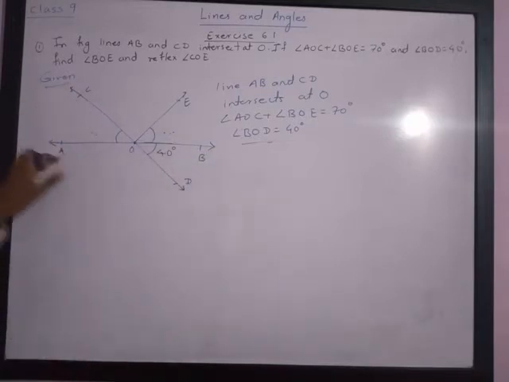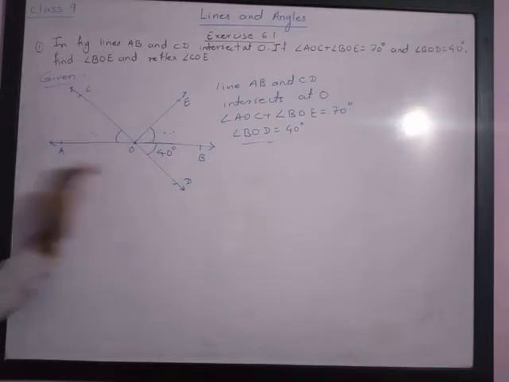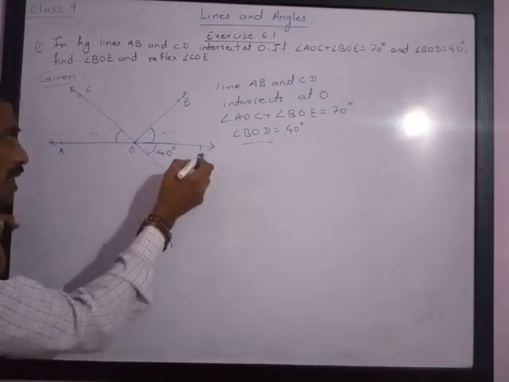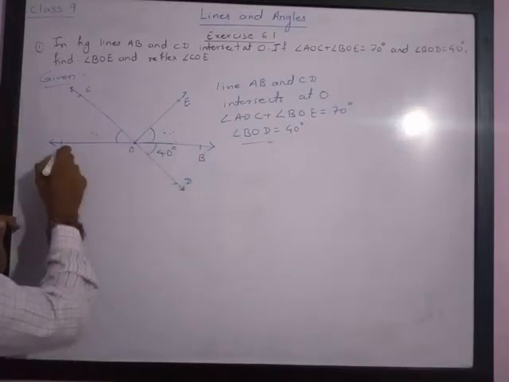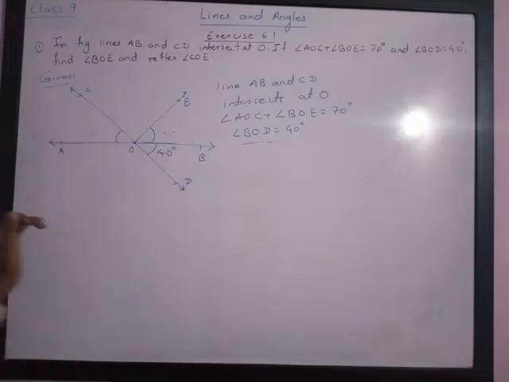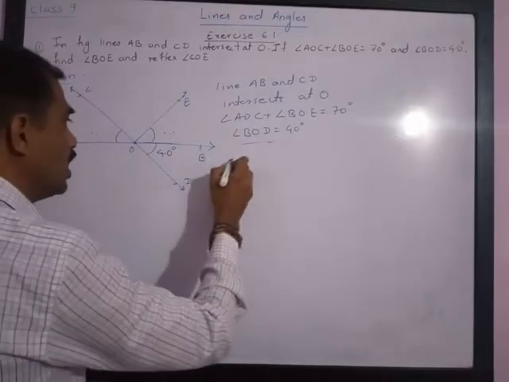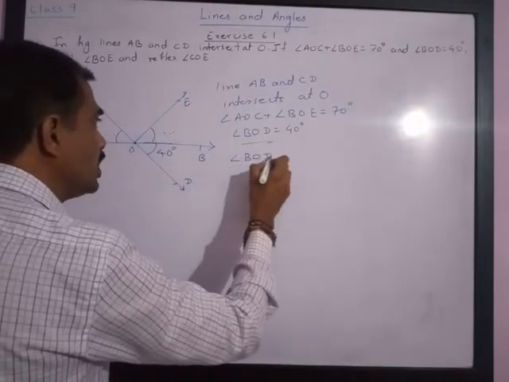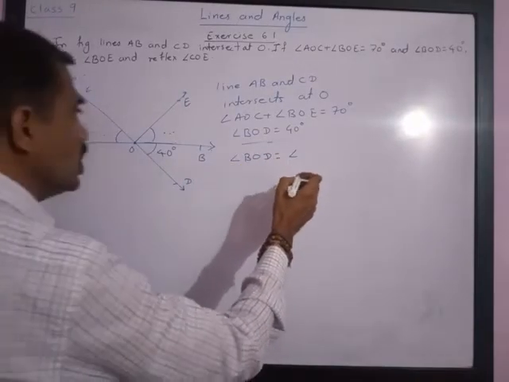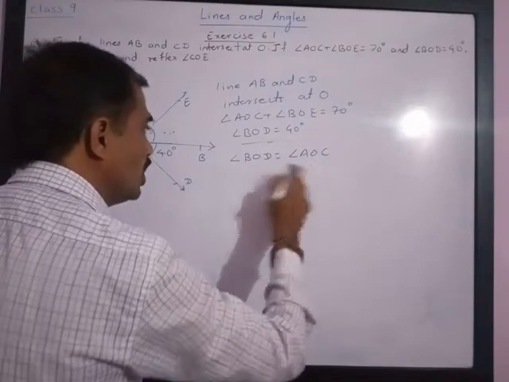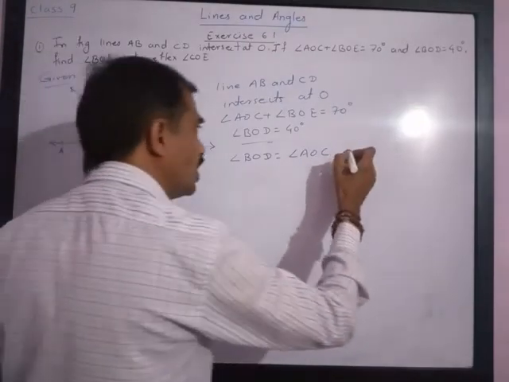Here line AB and line CD intersect each other at point O. It means angle BOD and angle AOC are vertically opposite angles. So you can say that angle BOD is equal to angle AOC. The reason is they are vertically opposite angles.